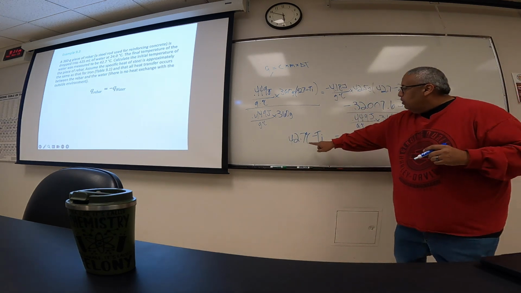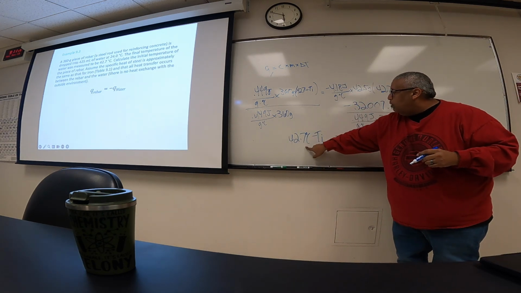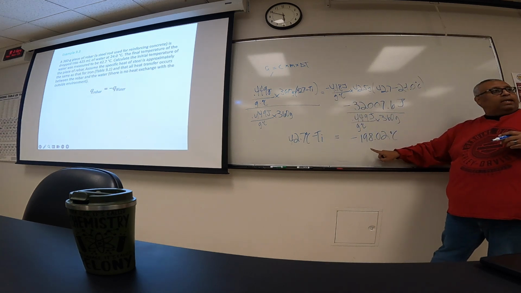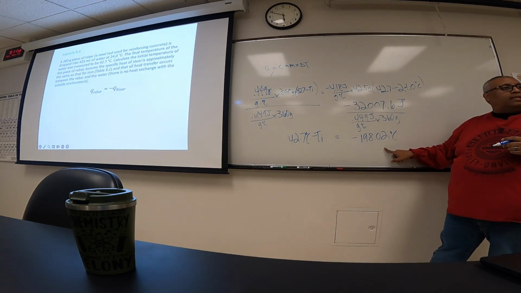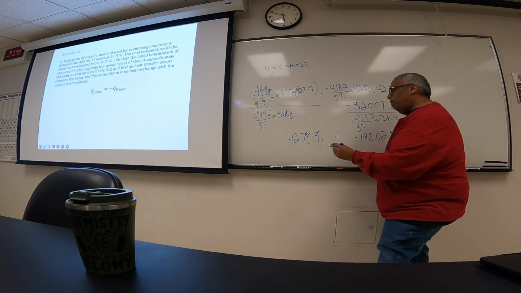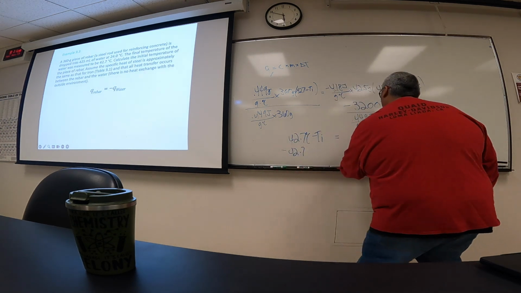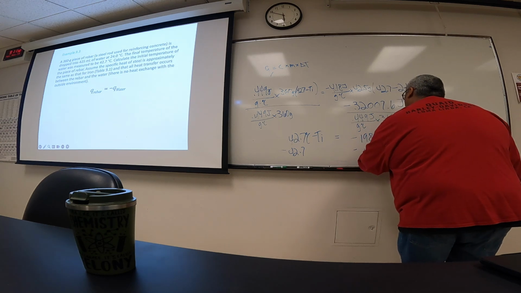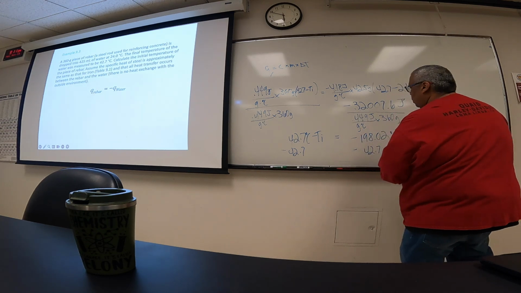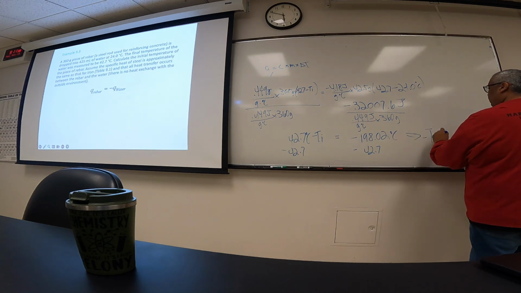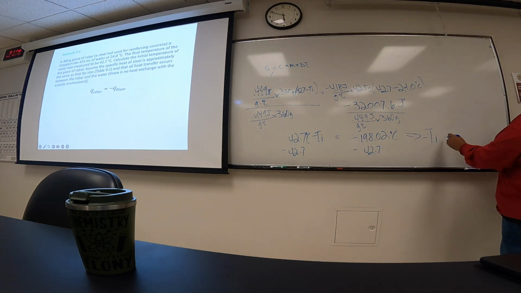So now we're at 42.7 minus temperature initial is equal to negative 198.02. So we're going to subtract 42.7 from both sides. So negative temperature initial is equal to what?